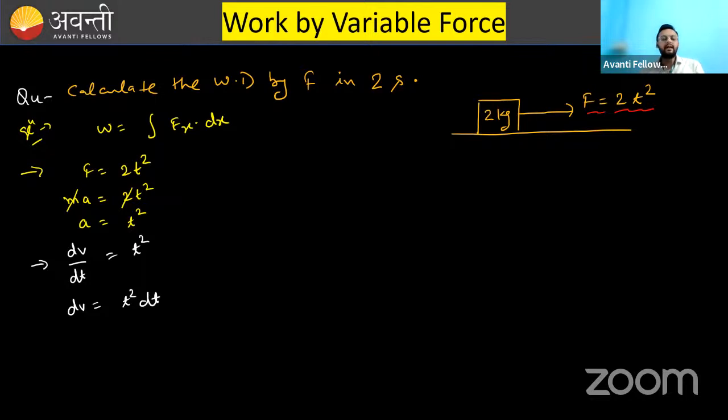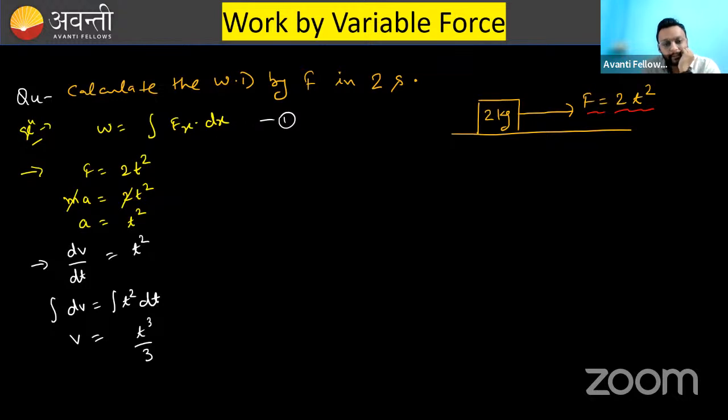This is the old kinematics method to calculate velocity. If I integrate it, I will get V is equal to t cube by 3. The integration of t square is t cube by 3. This is V.